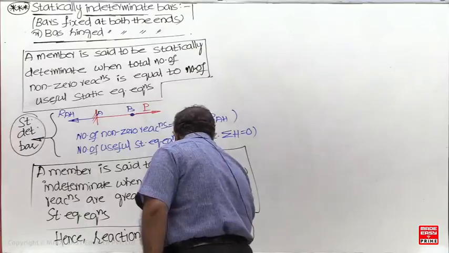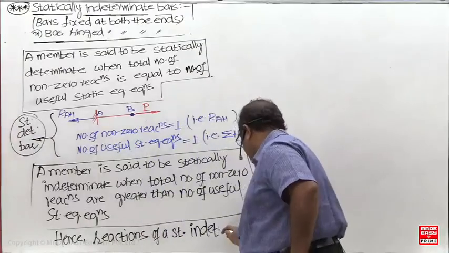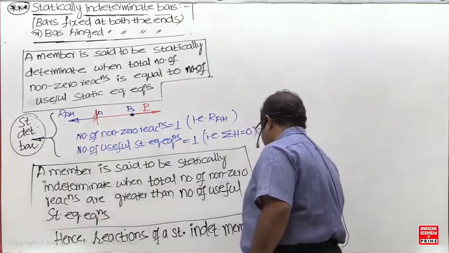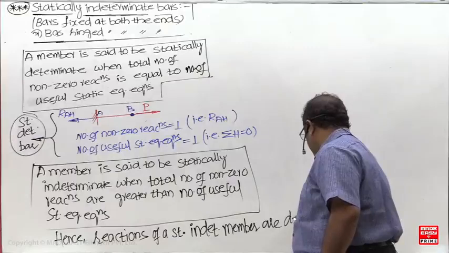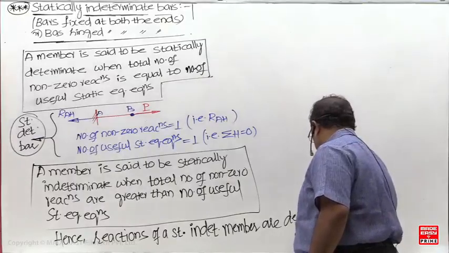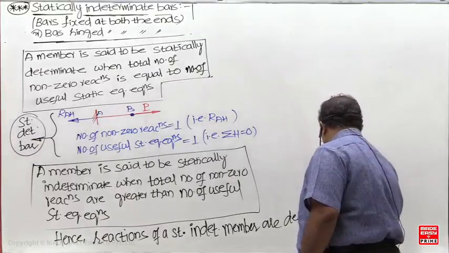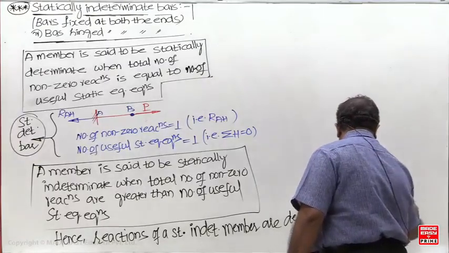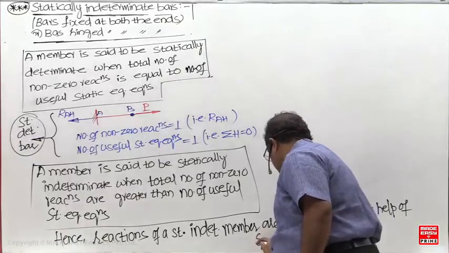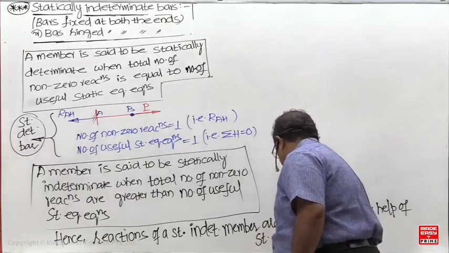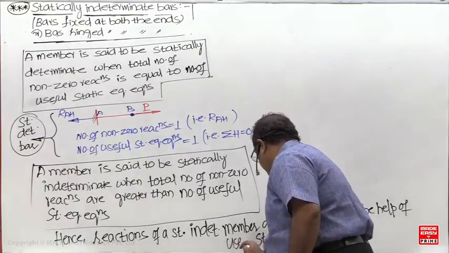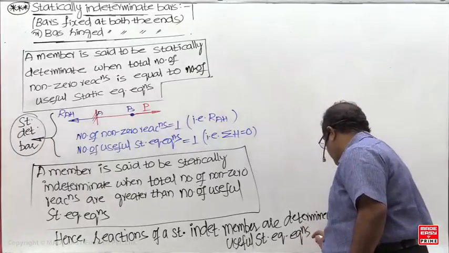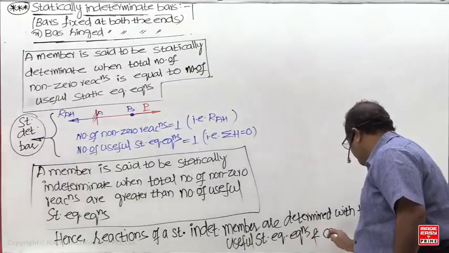For a statically indeterminate member, the reactions are determined with the help of useful static equilibrium equations and compatibility equations.